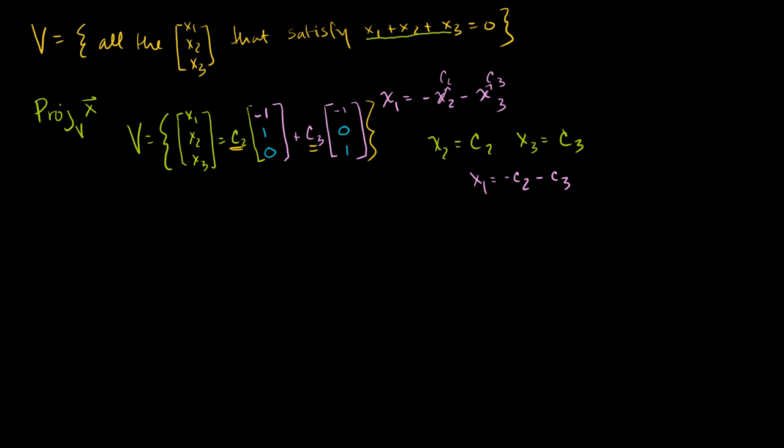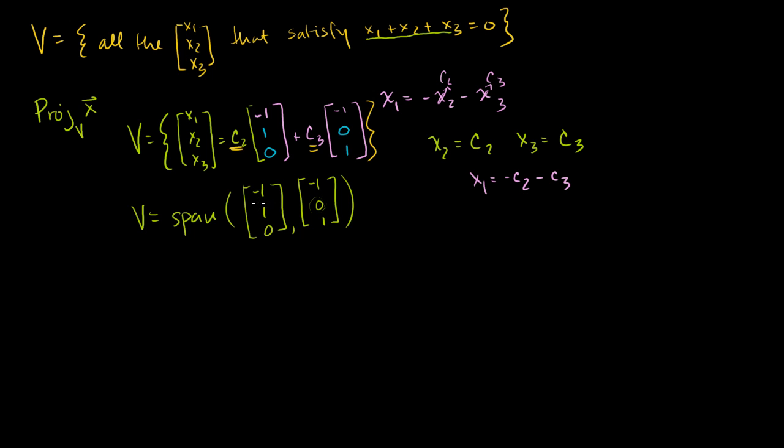Another way of writing this is that V is equal to the span of the vectors minus 1, 1, 0 and minus 1, 0, 1. We know that these are a basis for V because they're linearly independent. There's no way I can take linear combinations of this one and make the second entry a 1, and likewise no way I can take linear combinations of this one and make the third entry a 1. So these are a basis for V.